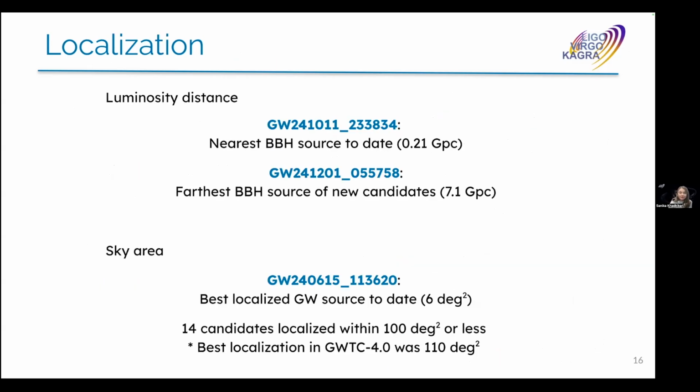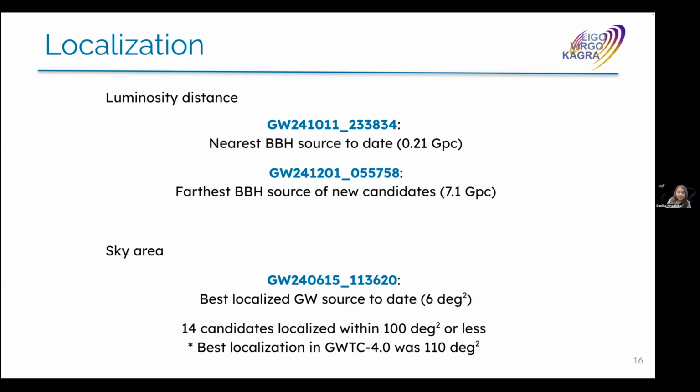So that was about the masses and the spins, talking about the source parameters, so the intrinsic parameters. Moving on to the extrinsic parameters like localization and how well we could localize events. For GW241110, this was our nearest BBH source to date, which is about 0.21 gigaparsec. For GW240201, this is the farthest binary black hole source amongst the new candidates that we have, which was about 7.1 gigaparsec.